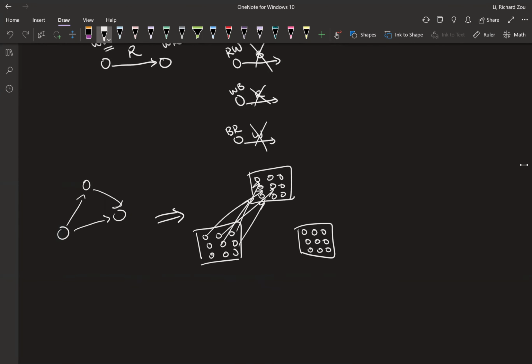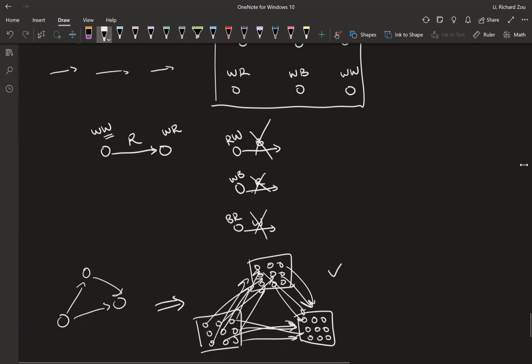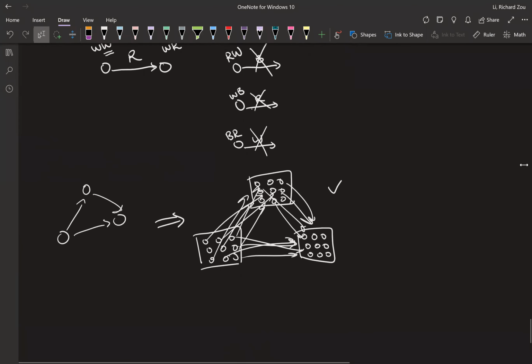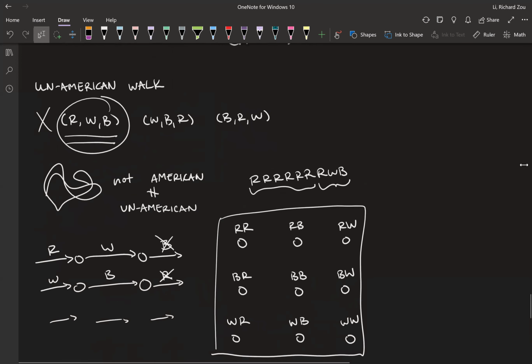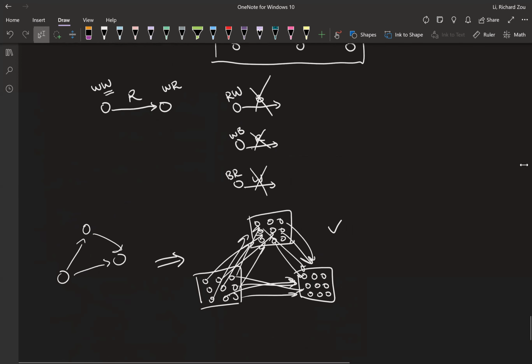The edges that we create are going to enforce that the un-American walk property is satisfied. This is similar to the American walk problem, but note that it's a little bit more complicated, and of course, it's not exactly the same.